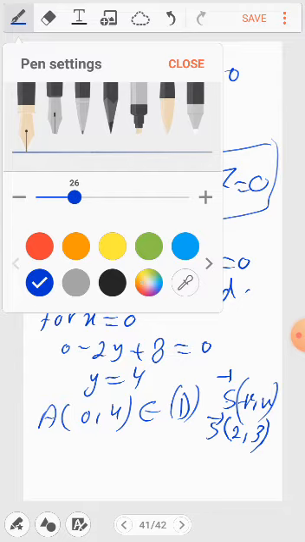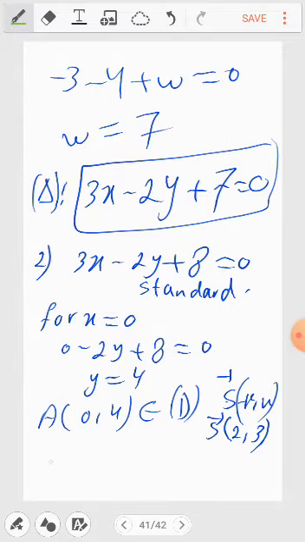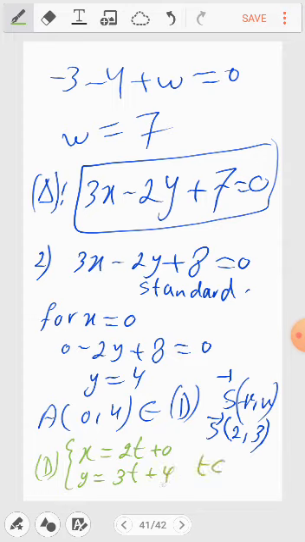So the parametric equations of D: x equal 2t plus 0, y equal 3t plus 4, t in R. So D in its parametric form.